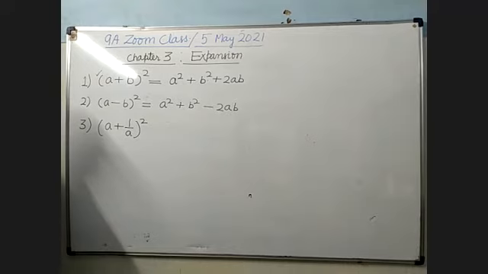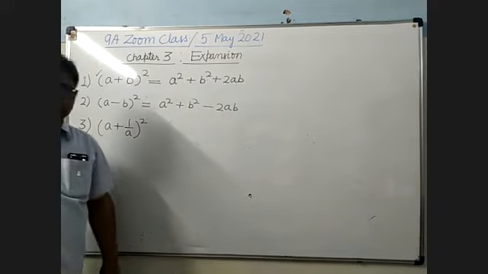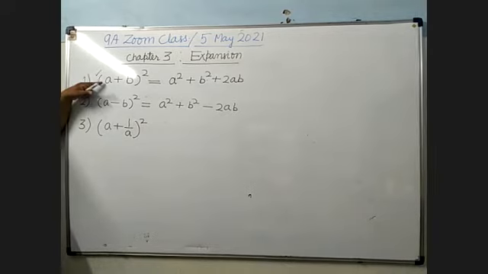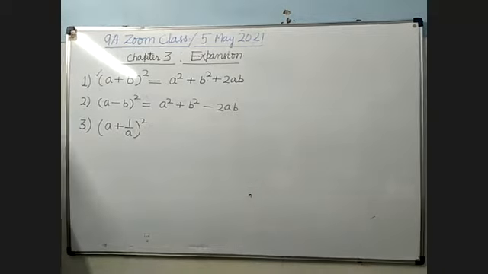A. In place of a, I am asking, what will be in place of a? It is a. In place of b, 1 upon a.